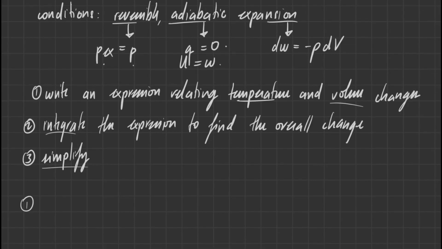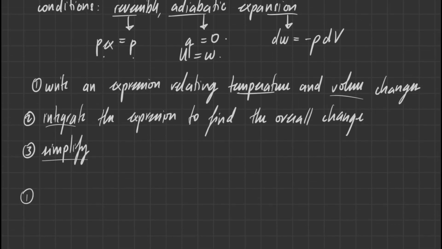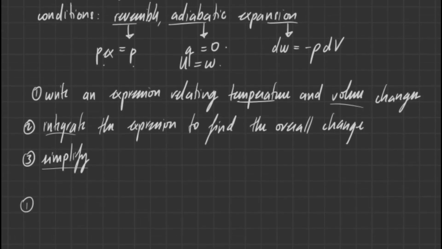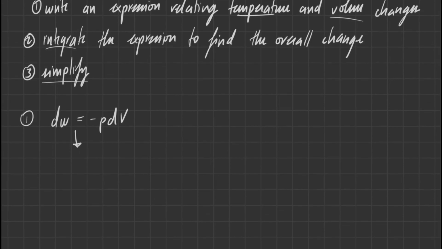If we look back to our conditions, some of the equations that may be important here are the relation of work to negative p dV. So I'll just write that down. dW is equal to negative p dV, and this is also applicable to adiabatic work, so I'm going to make that clear with a subscript.